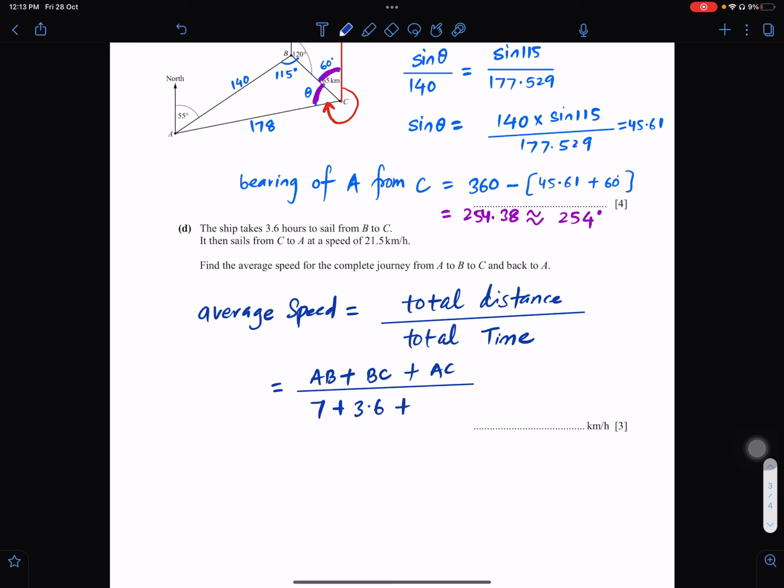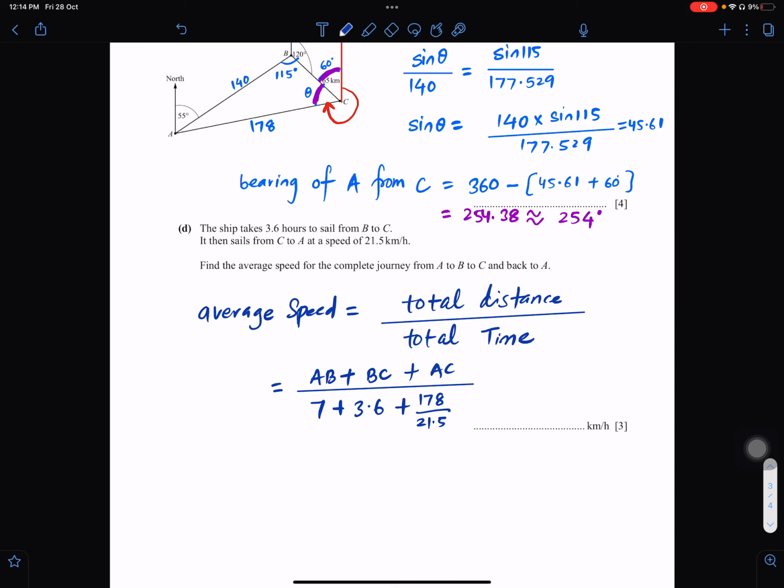And the time taken to cover AC is not given, but we know the speed and we know the distance. So the time taken here is 178 divided by 21.5. Basically, time is distance over speed.